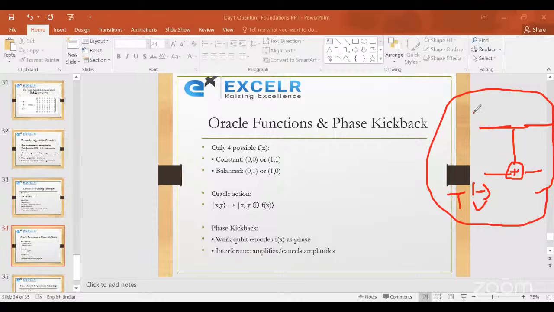In phase kickback, whatever is in the control will have changed now. What is the change? The formula for that is -1 to the power of the input. Suppose input x is there, so -1 to the power x.